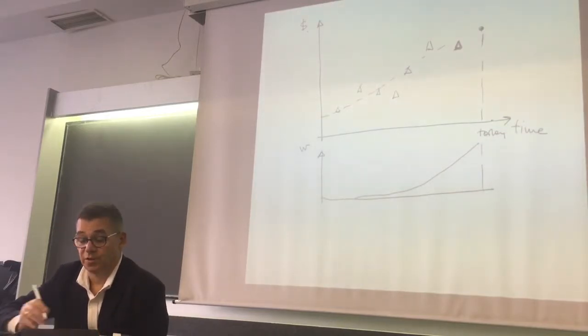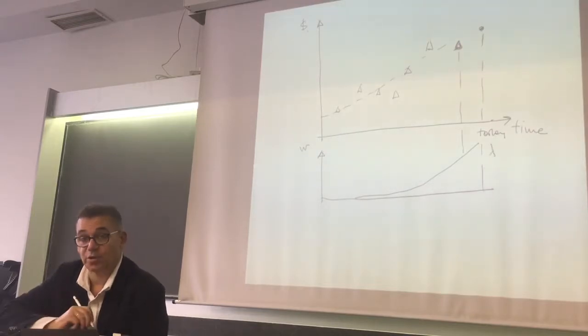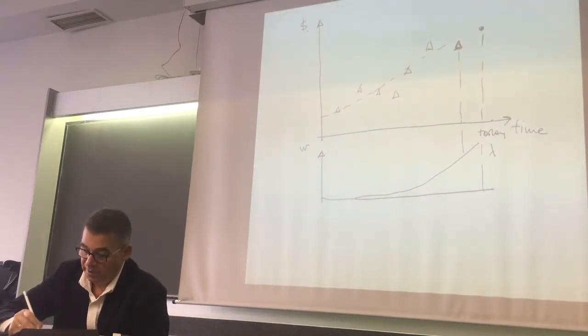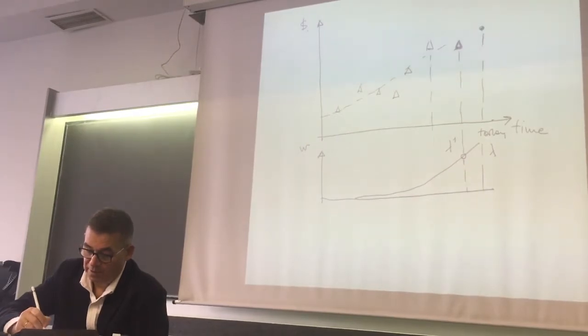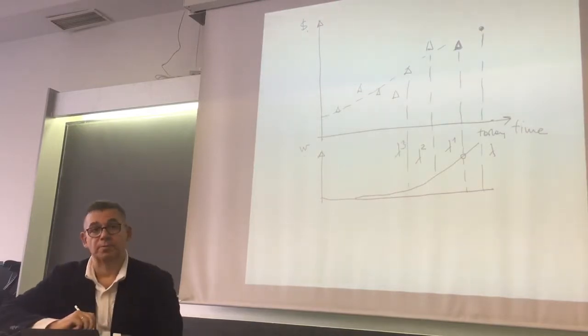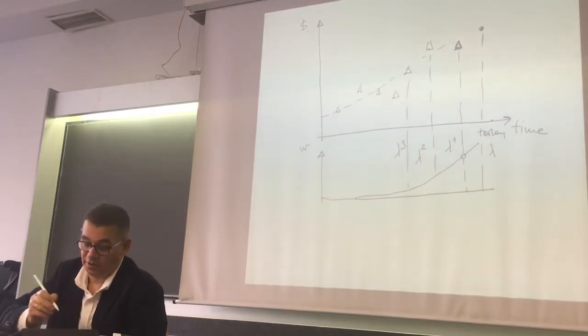If I consider lambda as a forgetting factor, the first weight is lambda to the power of 1, the second one is lambda to the power 2, the third one is lambda to the power 3, and so on. So I'm introducing this lambda as a forgetting factor.